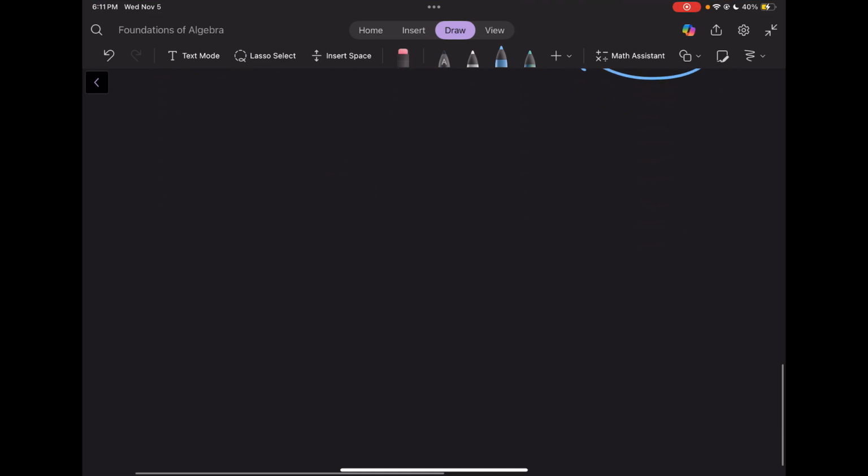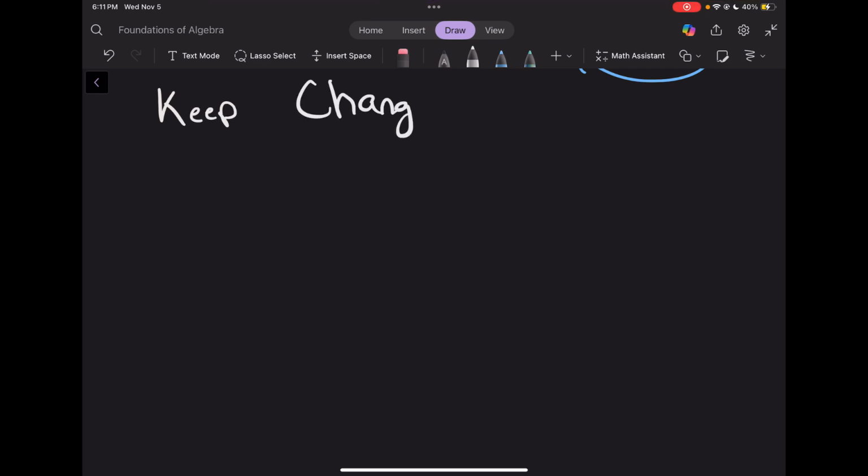All right. Now, how do we divide fractions? So I like to think of keep, change, and flip. And the way I remember this is I literally just think of Kentucky Fried Chicken.